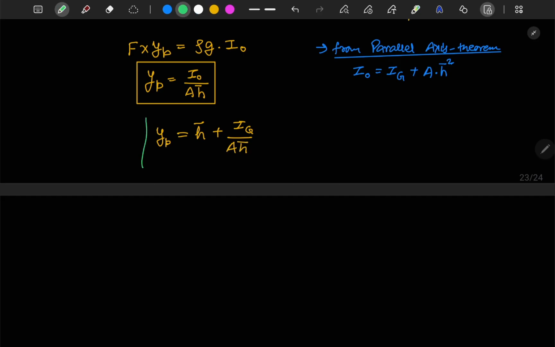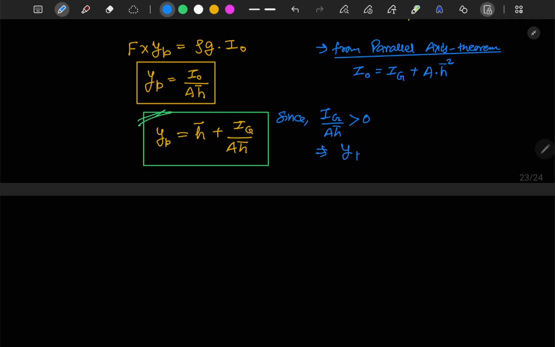So from here we can say that since Ig upon A h bar, all terms being positive here, is greater than 0, what does it imply?